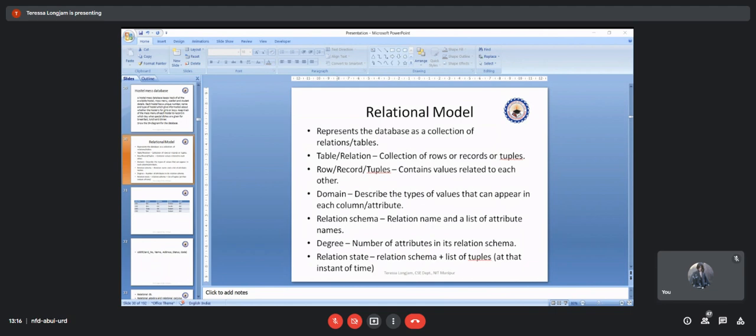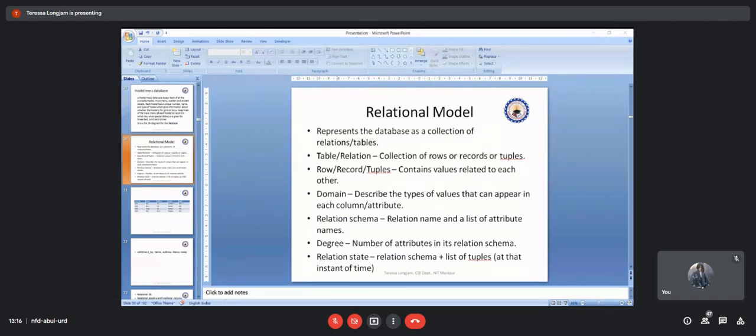Because of the existence of the relational model, relational algebra and relational calculus, the RDBMS, which is commercially available in the market, came about. The RDBMS are all based on the relational model.